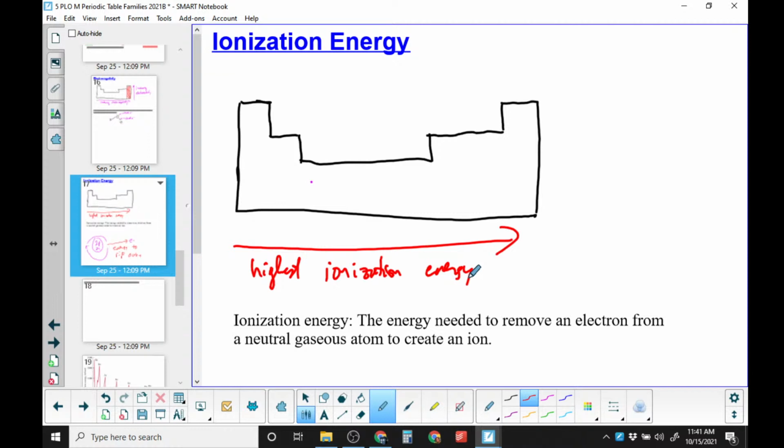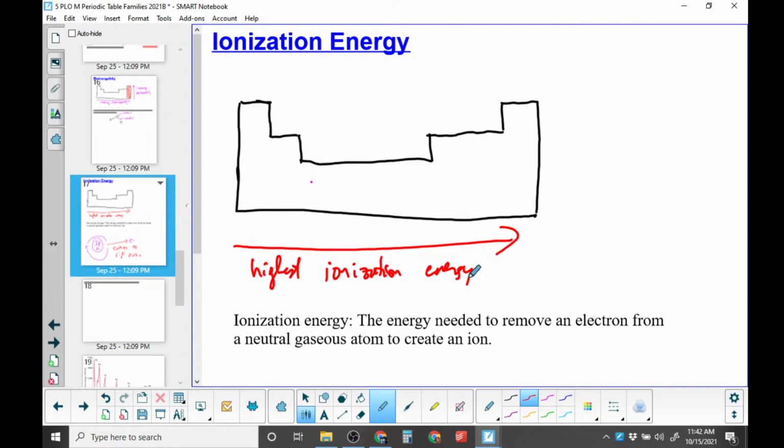What's increasing as you go across? There's a certain subatomic particle that's increasing. Other one? Protons. So you have an increasing number of protons. What does that do to the attraction to the electron? So what would happen in terms of the force required to take an electron away? More. So increasing ionization energy as you go across.